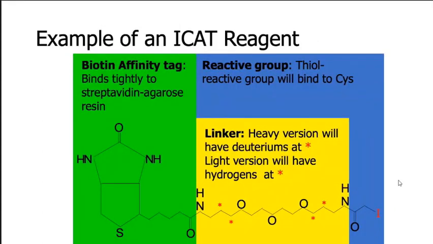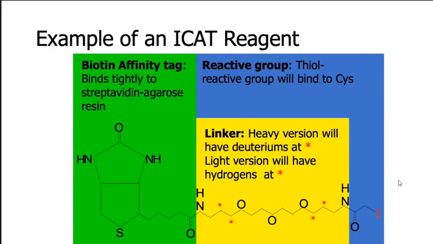Here is an example of an isotope-coded affinity tag reagent. This is a biotin affinity tag, which binds to streptavidin agarose resin. This is the ligand or the tag, and it is connected with a linker, in a heavy version with deuterium or a light version with hydrogen. This star could be a deuterium or hydrogen atom. And then this thiol group, in blue, binds to cysteine.